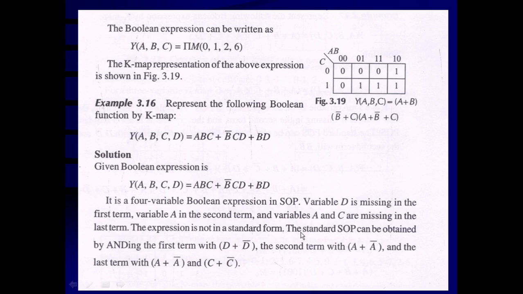The standard sum of product equation can be obtained by ANDing the first term with D plus D bar, the second term with the missing variable A plus A bar, and the last term, which was missing variables A and C, with A plus A bar and C plus C bar.